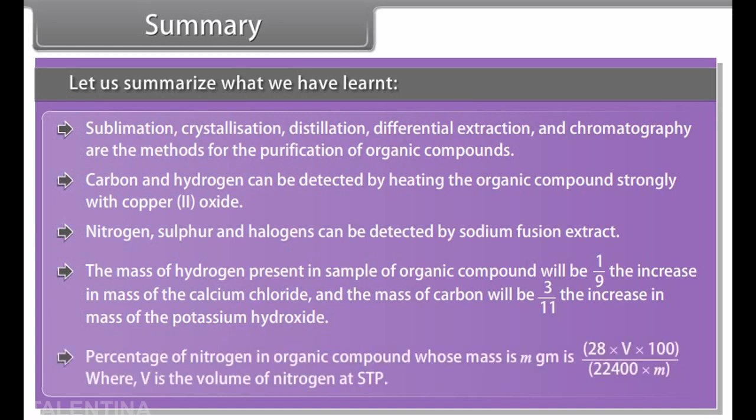Percentage of nitrogen in organic compound whose mass is m gram is 28 into V into 100 divided by 22,400 into m, where V is the volume of nitrogen at STP.